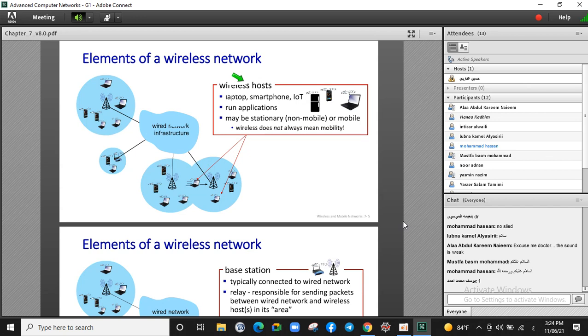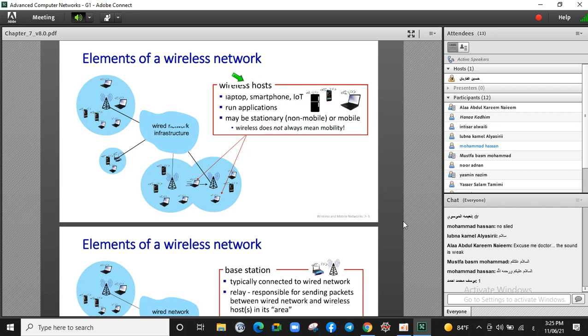One main note: a wireless host may be mobile, or it may be stationary, not mobile. It's not mandatory that a wireless node has to move. No, it's not mandatory.